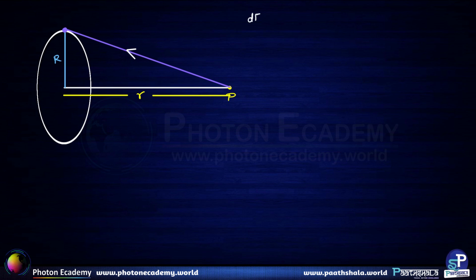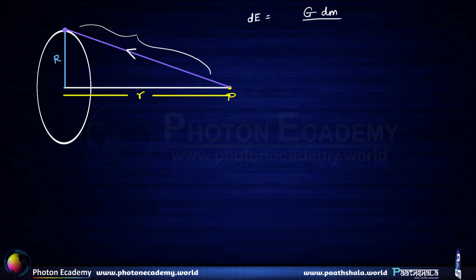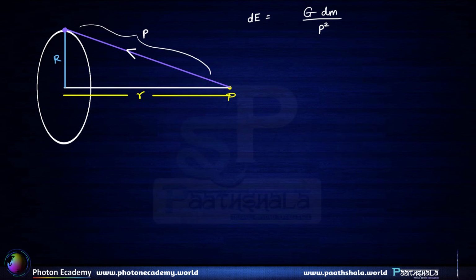It's going to be dE is equal to G dm upon the square of the distance, let's call this distance P. So G dm upon P square is the magnitude of the gravitational field, pointing as shown from the point P towards the small mass dm.